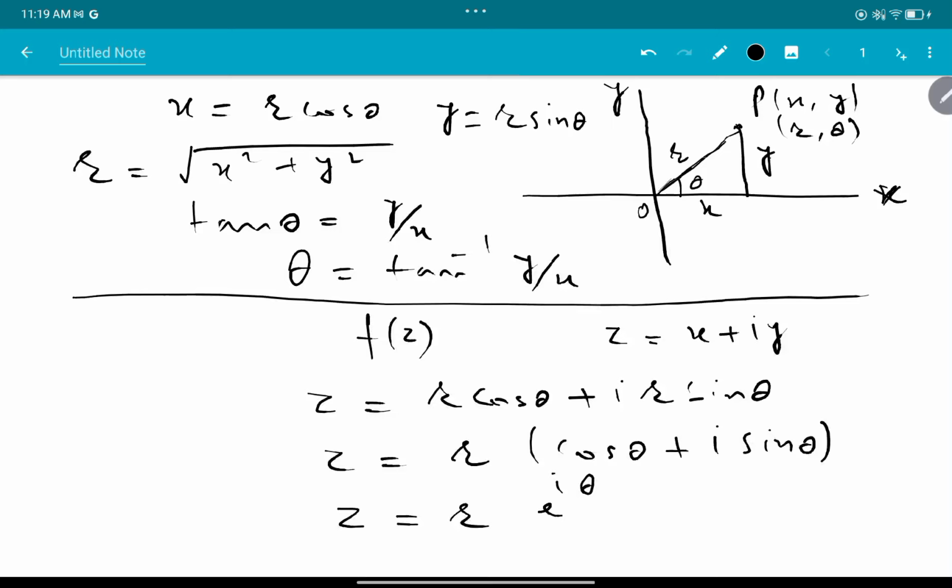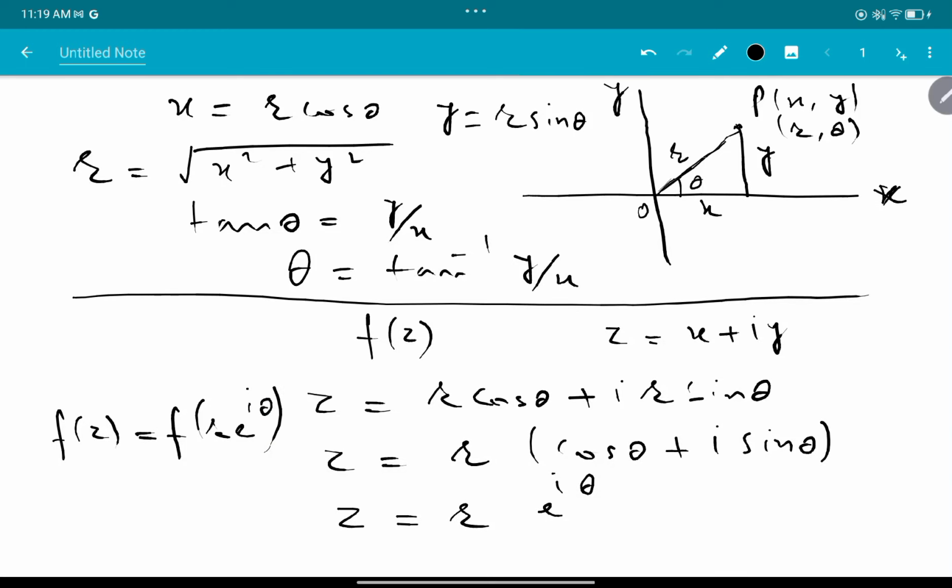Now let us keep this in mind, that z can be treated as a function of r and theta, just as we are treating it as a function of x and y. Now f(z) can be written as, in place of z I can write r e raised to i theta.